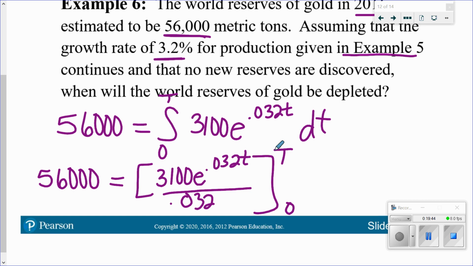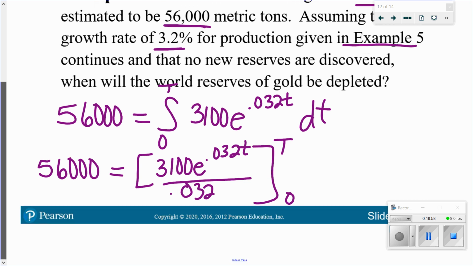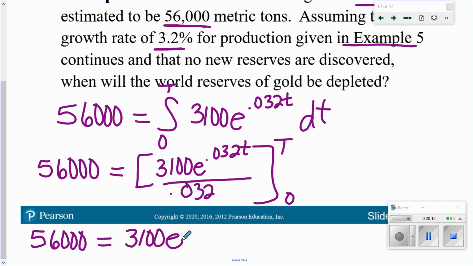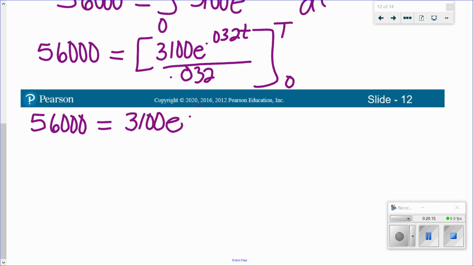Okay, so let's look at this. We already did that. So we have that 56,000 equals 3,100 e to the 0.032 capital T. Okay, we're just plugging T in.